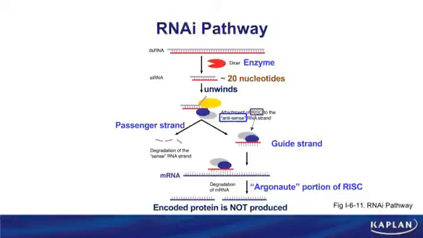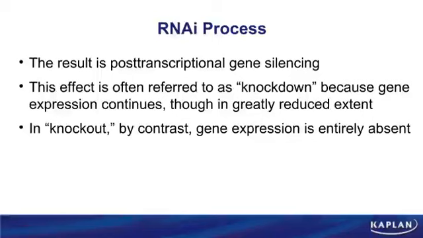The gene is made into RNA, but you cannot make protein because the messenger RNA for the protein is degraded. So in this RNAi process, the result is post-transcriptional gene silencing. Even though the gene is made, even though it's making messenger RNA, you're effectively silencing the expression of the gene.